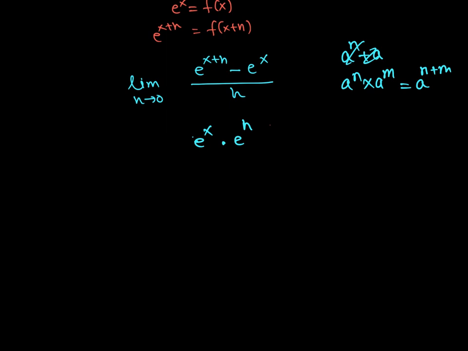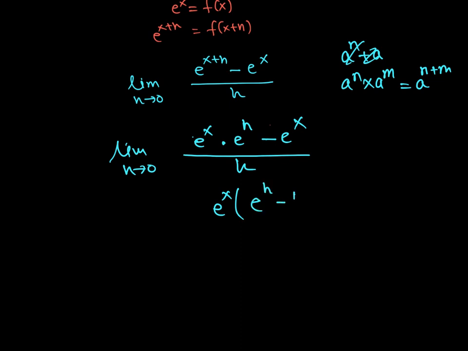So here we have two numbers added, so we can break them down like this. And from here, you can take e to the power x common, and you can write e to the power h minus 1 divided by h. Alright, and there is a limit sign over here, limit as h tends to 0.